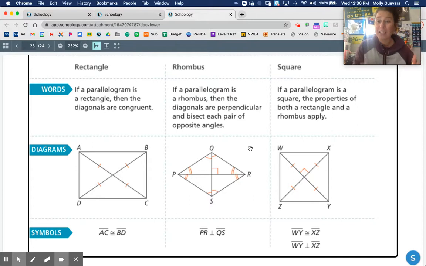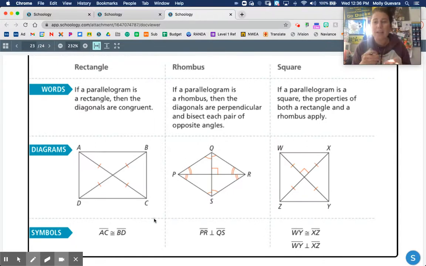So again, because these are parallelograms, all the characteristics of parallelograms still apply. So we're not going to write down every single thing about a rectangle, right? Because we know that opposite sides are parallel and congruent, right? We know consecutive angles add to 180. We know opposite angles are congruent. We know that it has right angles, right? So we're going to talk about just the special characteristics of these shapes.